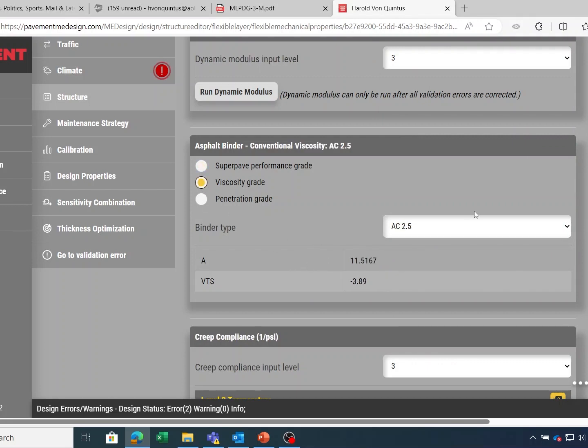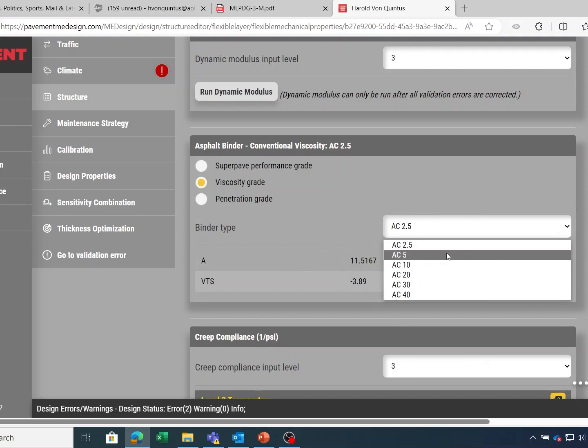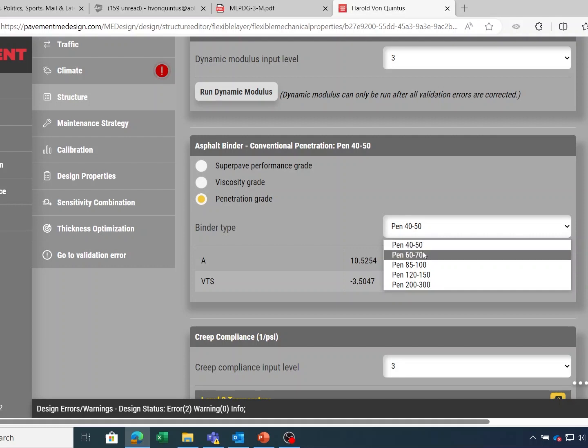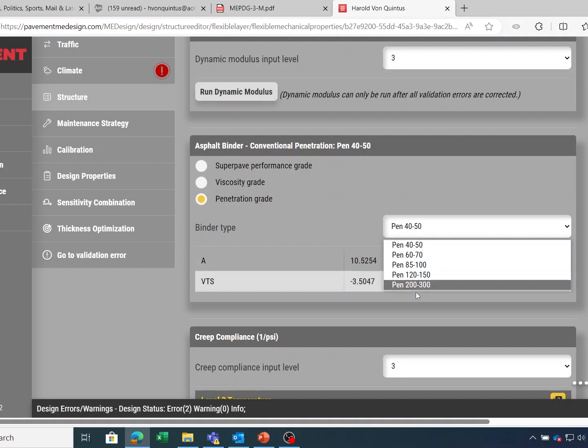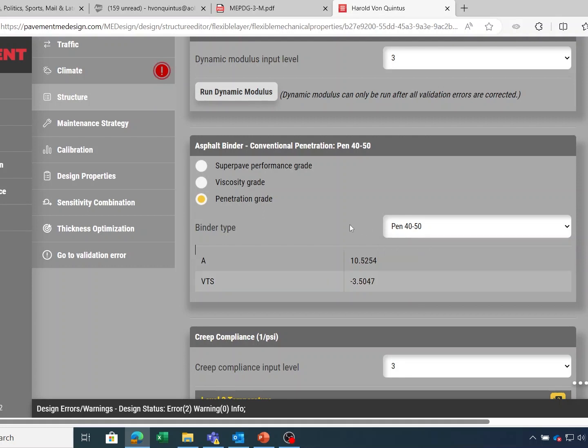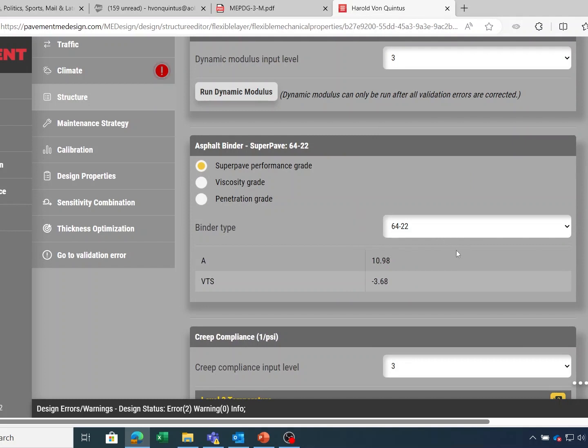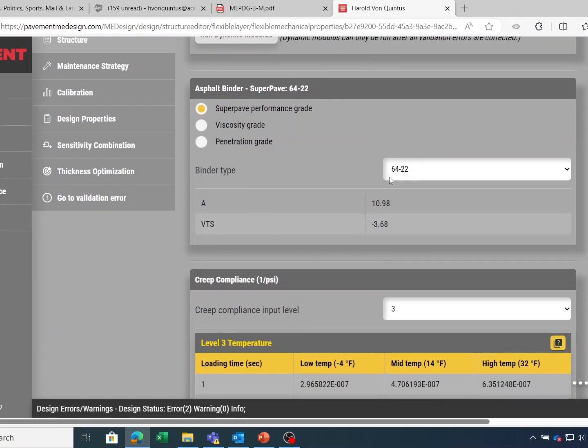We can also enter the viscosity grade, the different viscosity grades that have been used over time, or even binders that have been designated based on the penetration grade, based on the common types of penetration graded asphalt that have been specified over the years. We're going to go back and use the Superpave binder grade for input level 3.